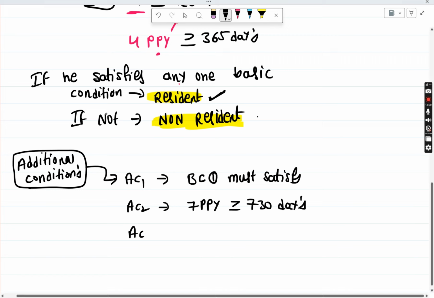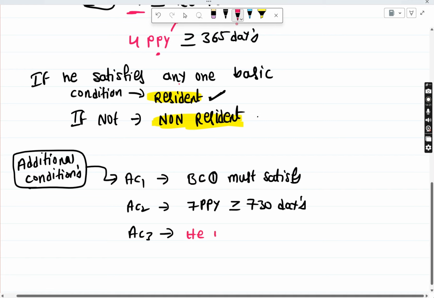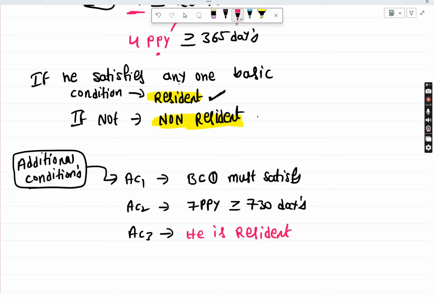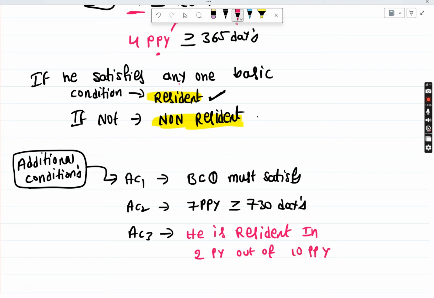Additional condition 3, he is resident in 2 previous years out of 10 preceding previous years.